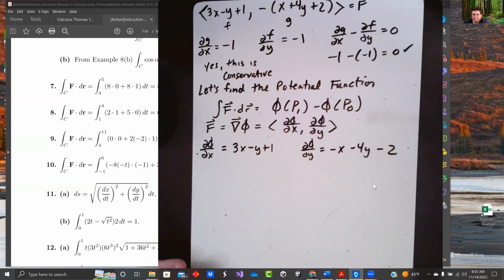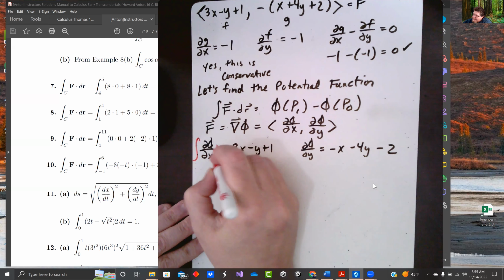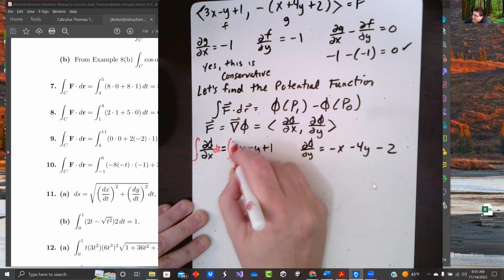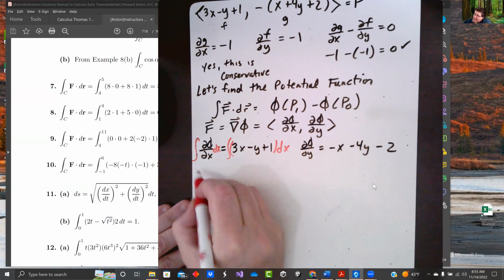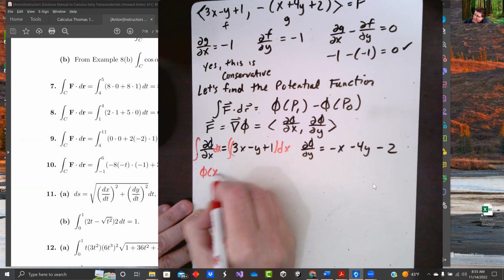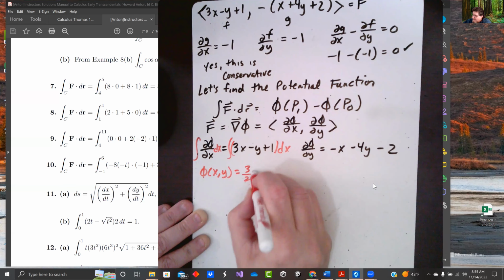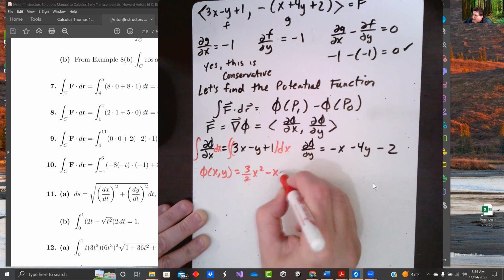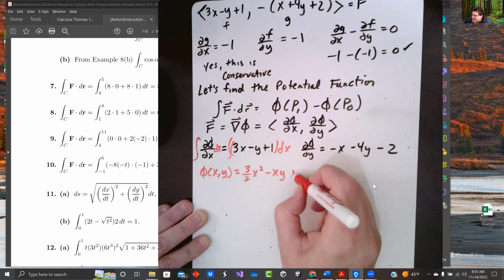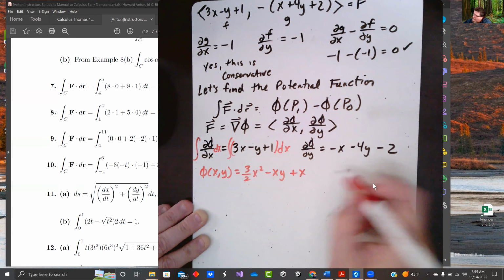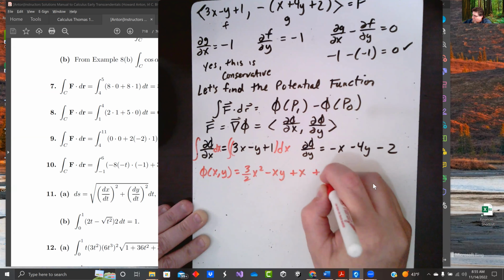I'll start off by integrating d phi dx with respect to x on both sides. And I get phi of xy equals 3/2 x squared minus xy plus x plus some function of y.